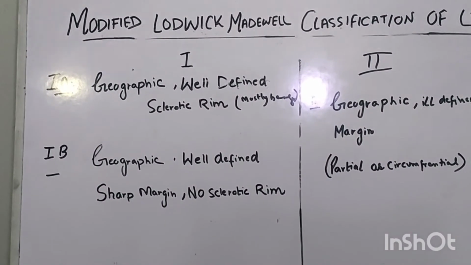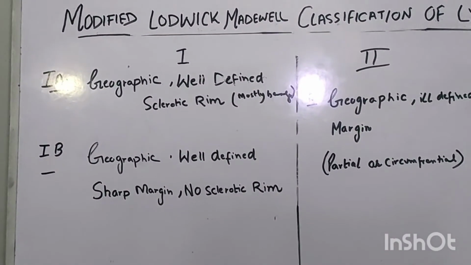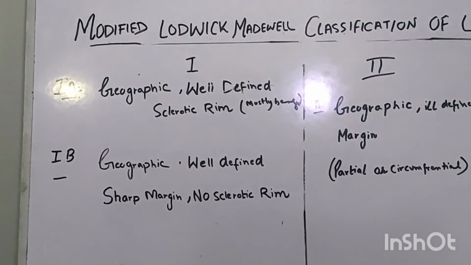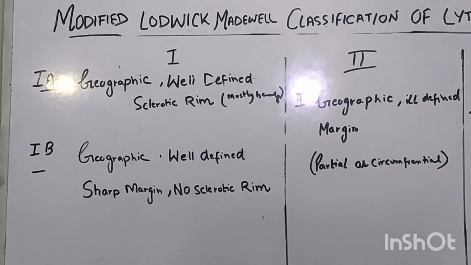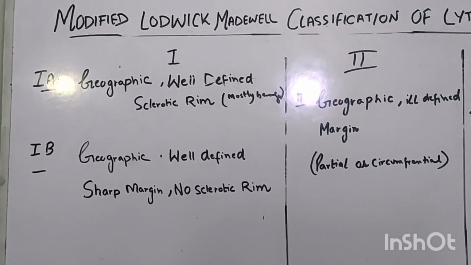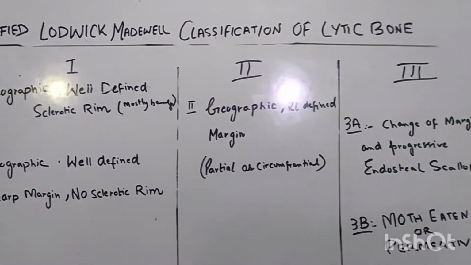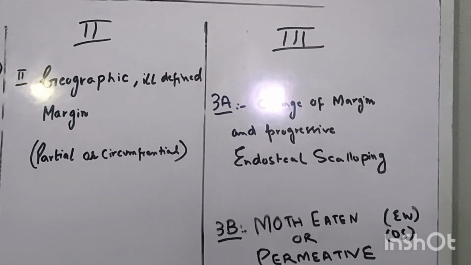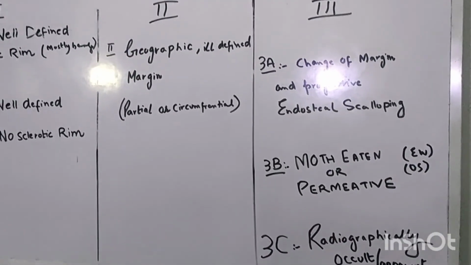Type 1B is a geographic, well-defined sharp margin with a non-sclerotic rim. Giant cell tumor is found in the epiphysis with the same appearance in the mature skeleton. Type 2 is the geographic ill-defined margin, and the margin may be partially or circumferentially ill-defined.